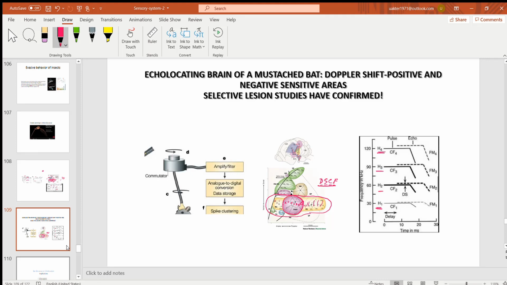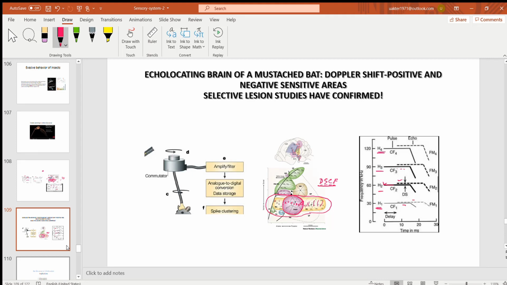And you see the pulse and echo. Pulse is the continuous line, and the returning echo is the dotted line. So you see the frequency of the echo is always slightly higher, the Doppler shift, when, remember, the bat is moving towards the object. If moving away, then the returning echo will be lower. So in this case the bat is moving towards the object, and you see 4 different harmonics of the pulse.